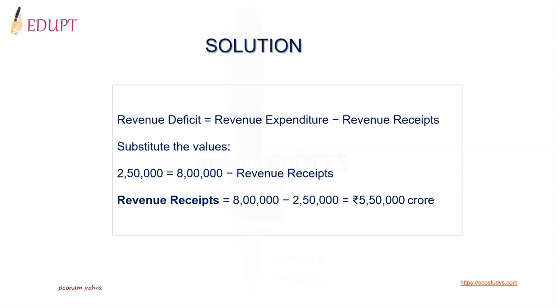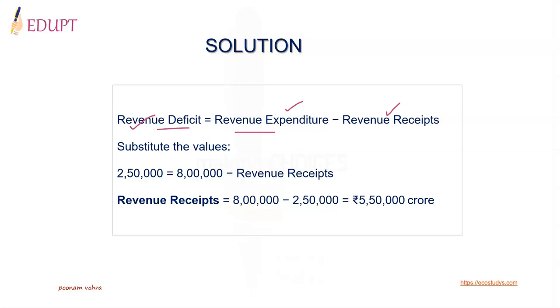Let's begin with the solution. First is to find revenue receipts. And one can find revenue receipts if you are aware of the formula to find revenue deficit, which is revenue expenditure minus revenue receipts. We have revenue deficit with us and revenue expenditure with us, and it is easy to then find revenue receipts.